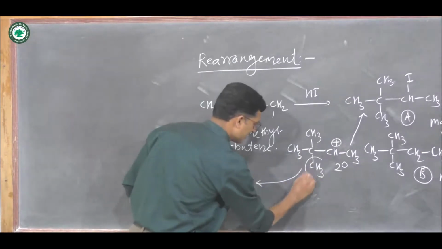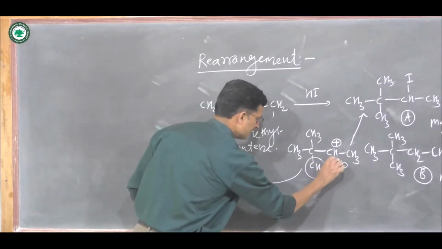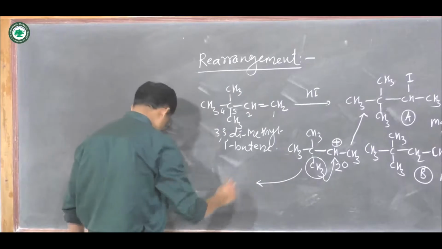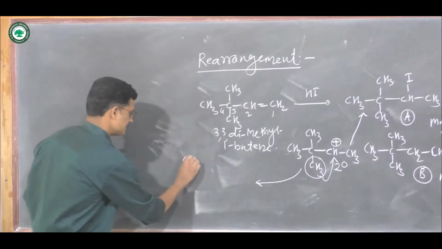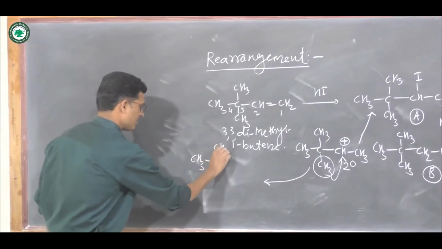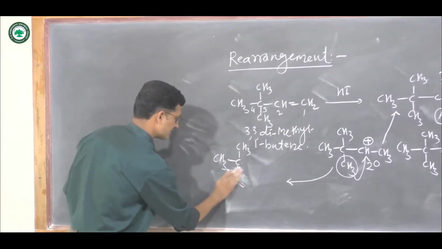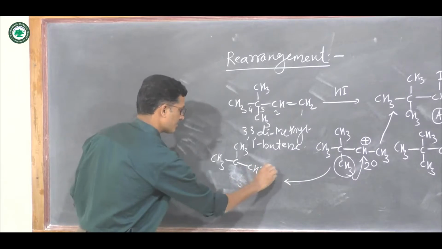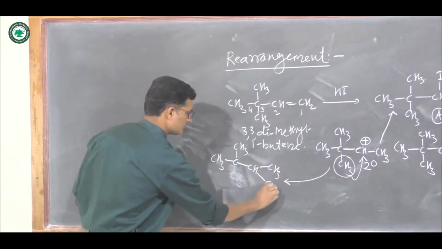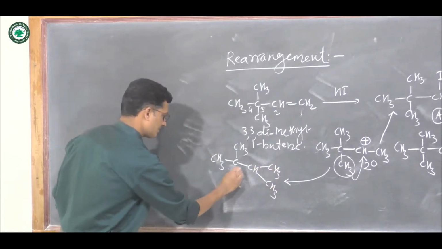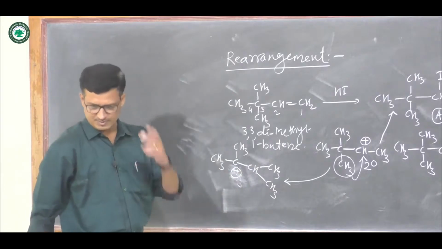Because this is a secondary carbocation and a methyl shift is there, and after the methyl shift, this secondary carbocation is converted into this type of tertiary carbocation.